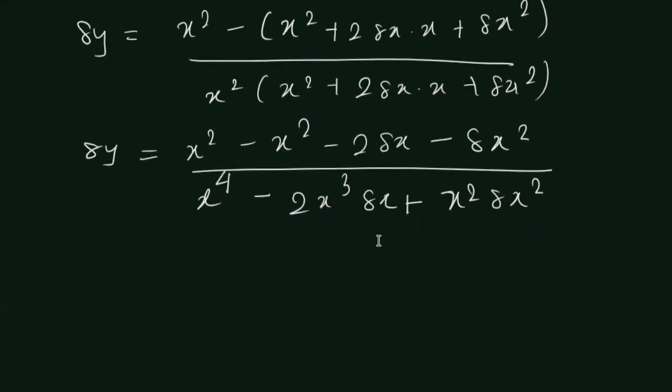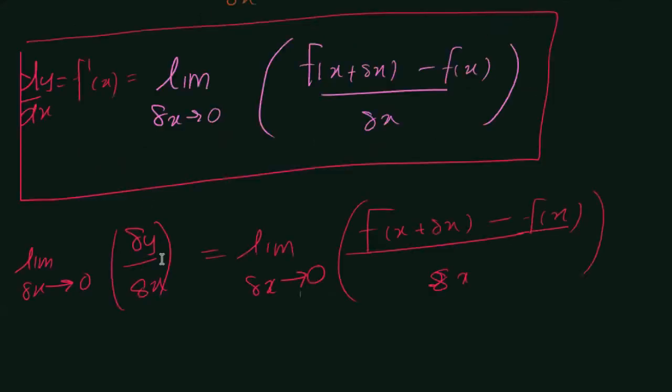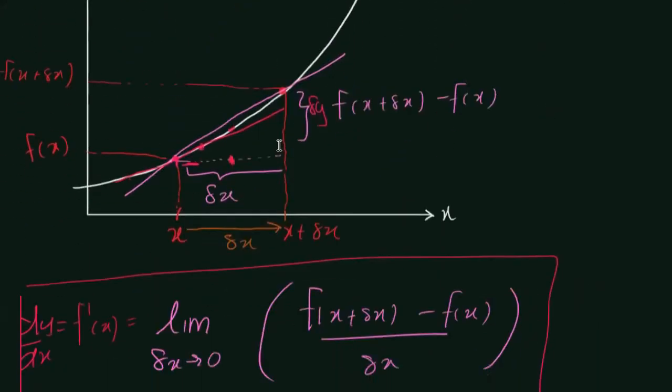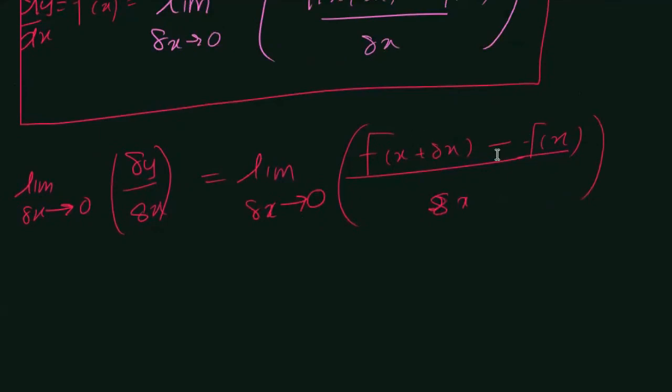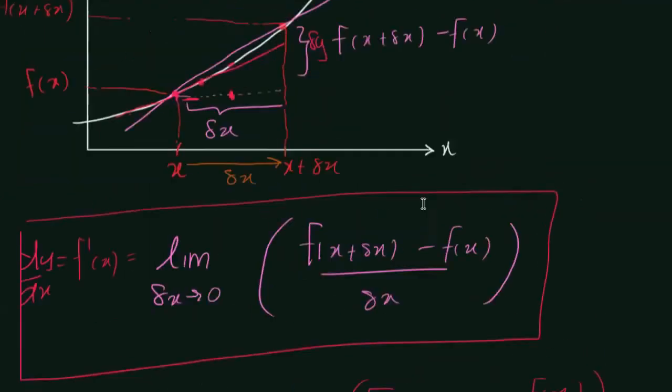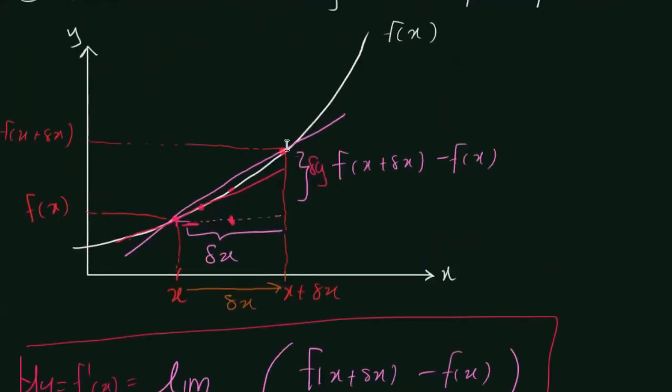So what you can do is divide both sides by delta x. Delta y over delta x is f(x plus delta x) minus f(x) over delta x.